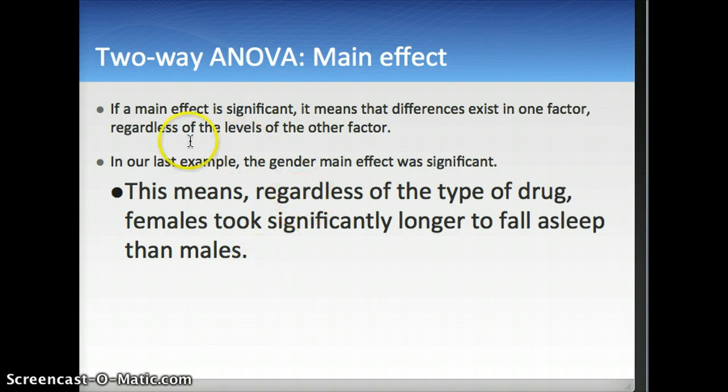So here, for this example, we found a main effect for gender, and then we also found a main effect for the dosage, but there was no interaction effect. So that means it doesn't matter if you're a woman or a man, the dosage makes a difference. So we can't recommend a specific dosage depending on whether you're a man or a woman.